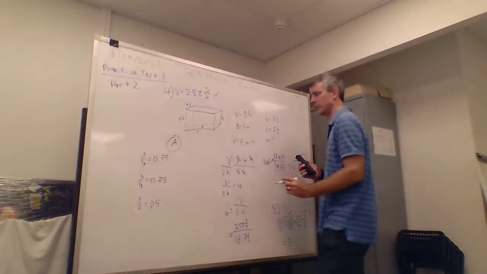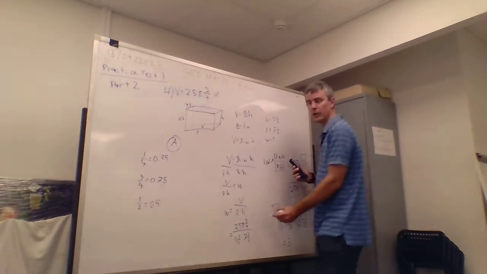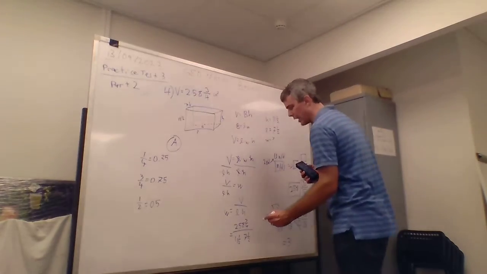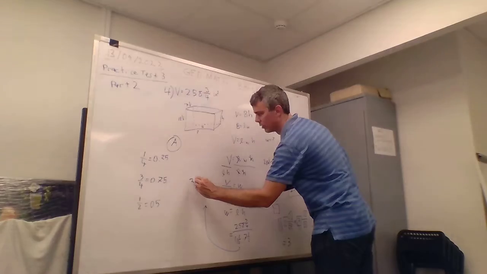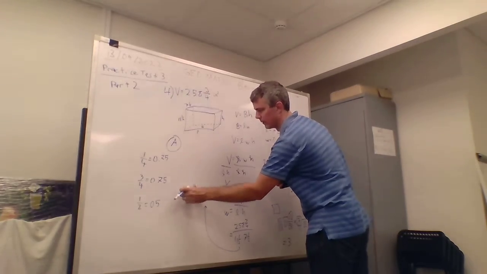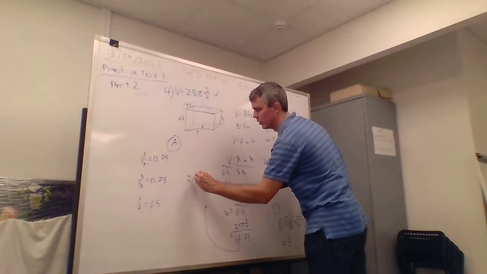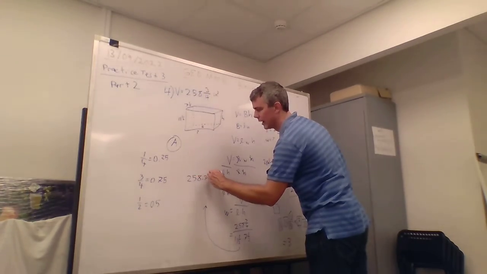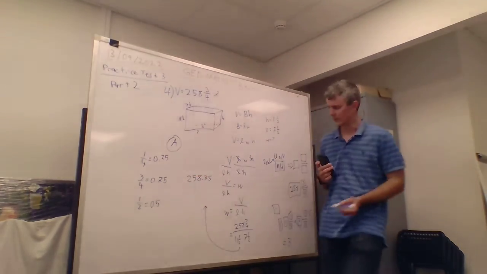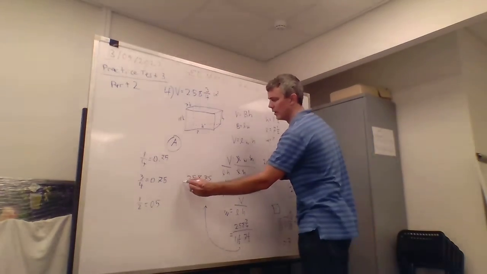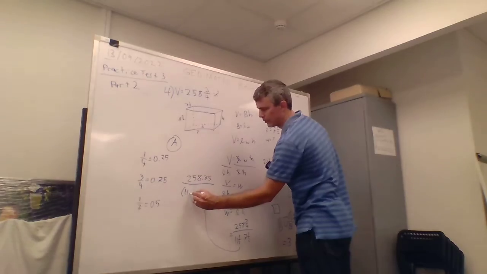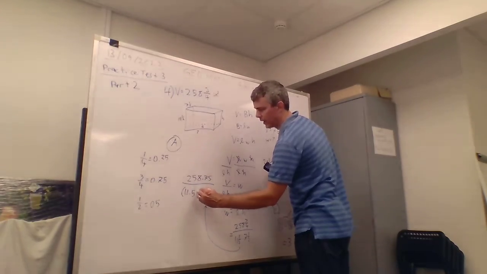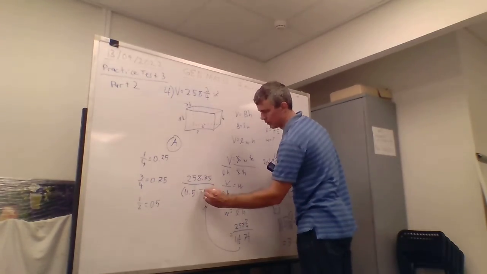So now, if we have 258 and 3/4, I could rewrite it as 258.75. Right? This is 3/4, 0.75, over 11.5 times 7.5.